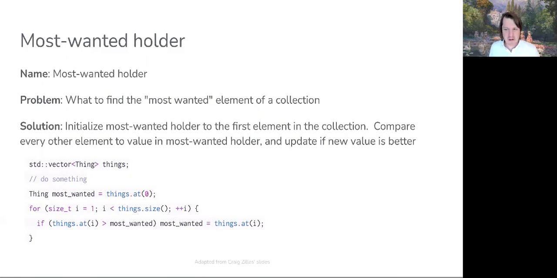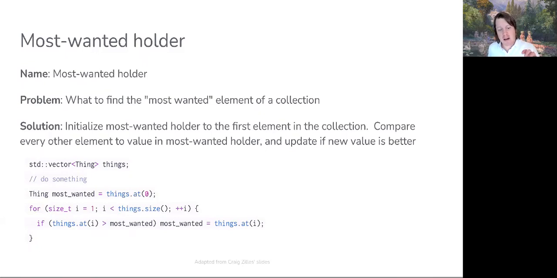The maximum value. But here's some C++ code down here. Assume you have some sort of standard library vector of things or thing, whatever that is. We're leaving it open here. We're just going to call it thing, and we'll name the vector things. It's a collection of thing. We'll introduce this most wanted variable to hold the first element in the collection.